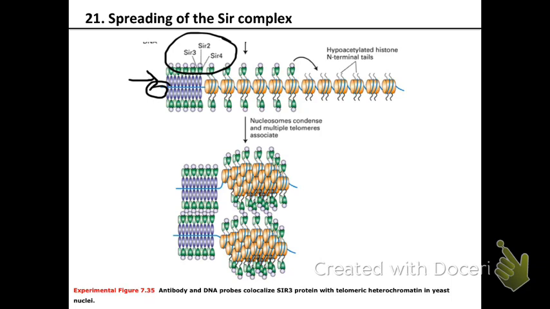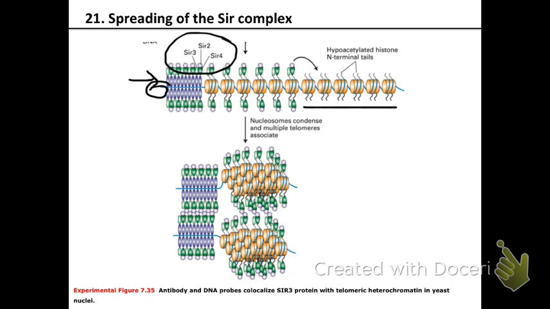So these histone tails at the telomeric heterochromatin are hypoacetylated. Hypoacetylation means acetylated less. Okay, very little acetylation at these heterochromatic nucleosomes.